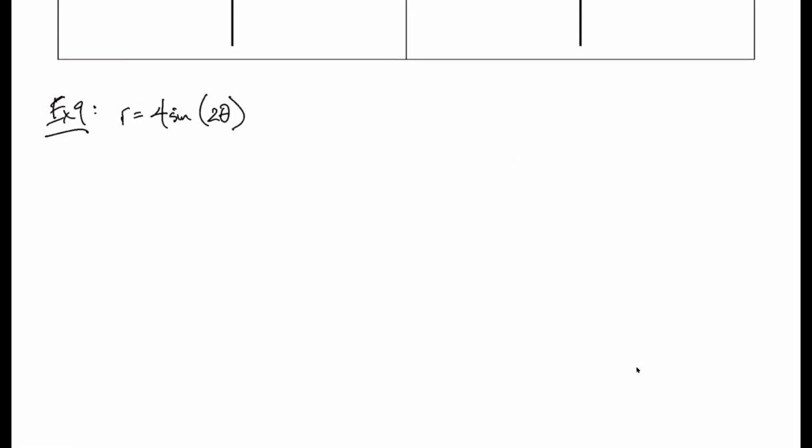So let's say that it had been a long time since you took this class and you're like, I don't remember what that looks like. Let me plot a few points. And you make your table and you end up with a whole bunch of points at the origin, right? Maybe one thing you would remember though is how long is each petal? Okay, so that first number is going to tell us the length of the petal.